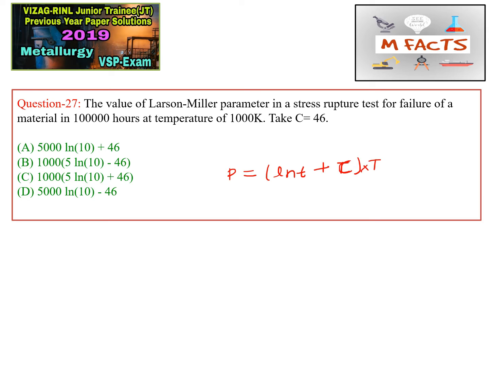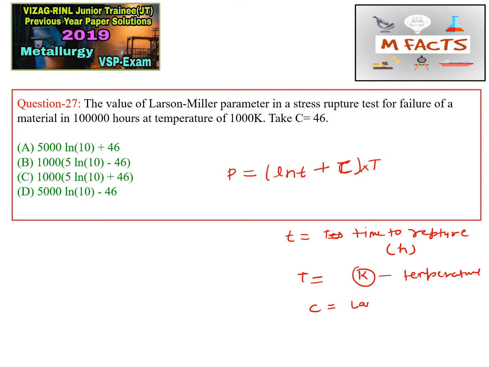This t is the time to rupture, and this will be in hours. This temperature will be in Kelvin, and that is the test temperature, and this C is the Larson-Miller constant.